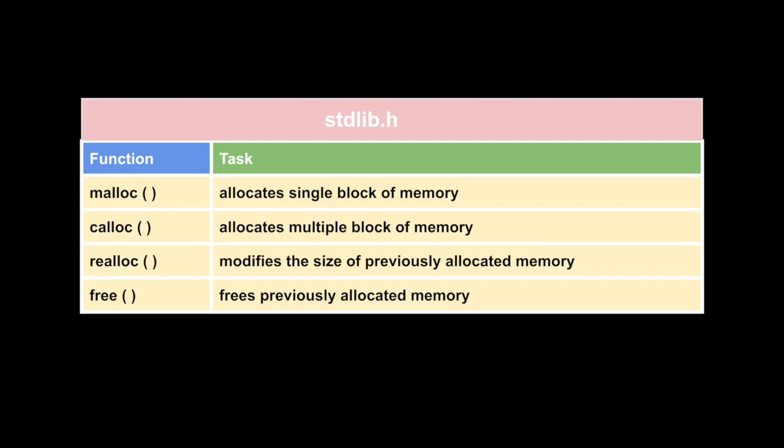The function malloc is used to allocate a single block of memory, and the function calloc is used to allocate multiple blocks of memory. Similarly, the function realloc modifies the size of previously allocated memory, and at last the function free just frees the previously allocated memory. So far, we now have slight information about what all these four functions do. Later on, we'll discuss all of them in detail.